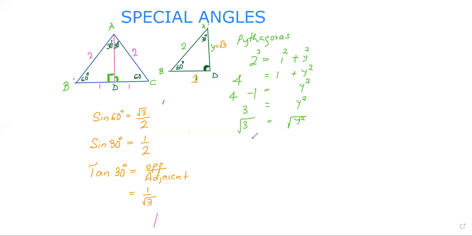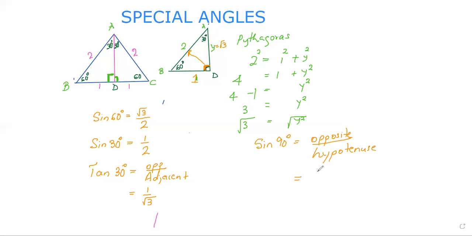Now I want us to have a look at the sine of 90 degrees. By definition, sine is opposite over the hypotenuse. The side that is opposite to 90 degrees here is that side.